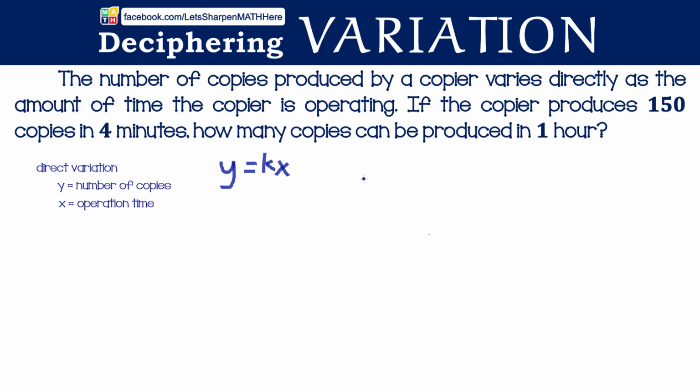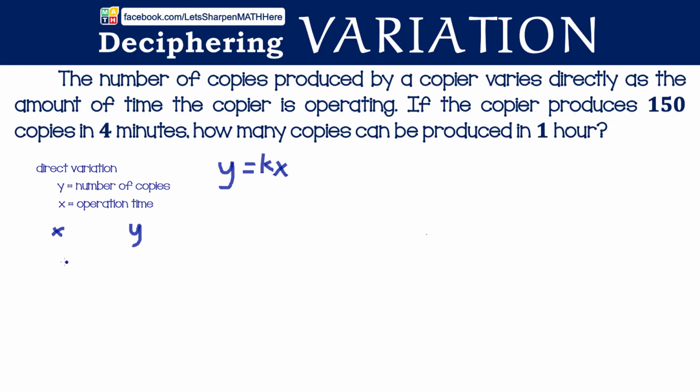Looking into the problem, we will be using the first set of items given in order for us to solve the next. That will pass us through the solution of k first. Again, we could represent x as our operation time, and y would be the number of copies.